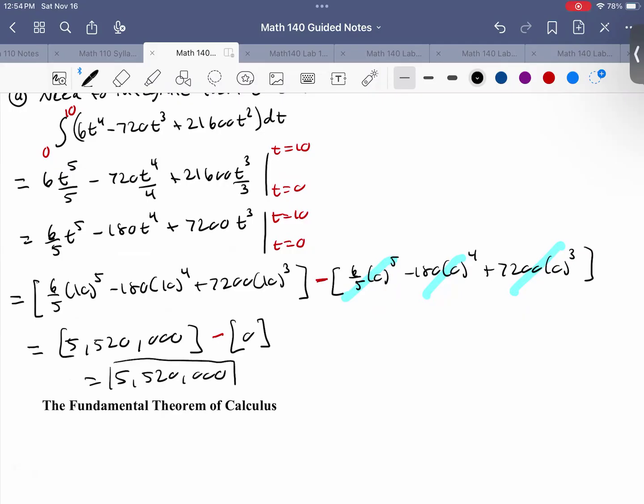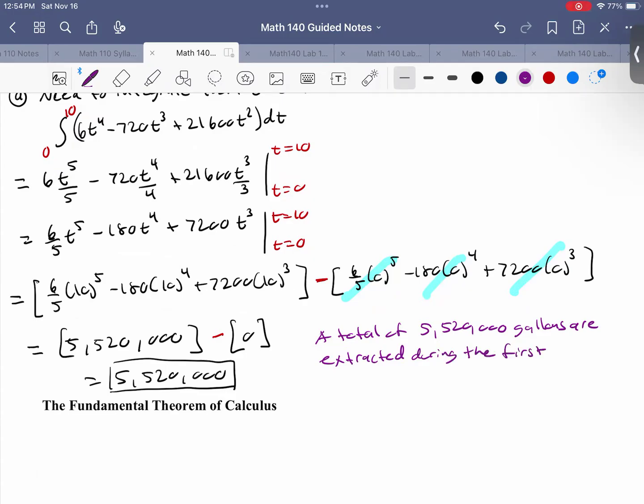I can write that out in a statement: a total of 5,520,000 gallons are extracted during the first 10 days of operation.